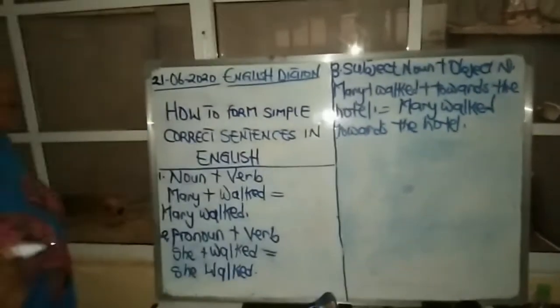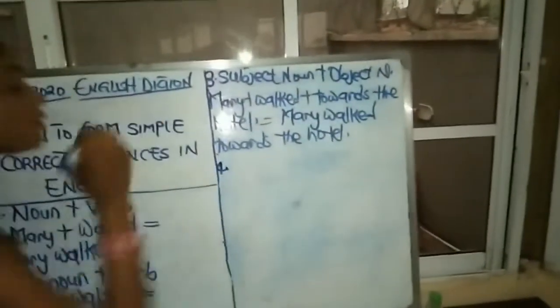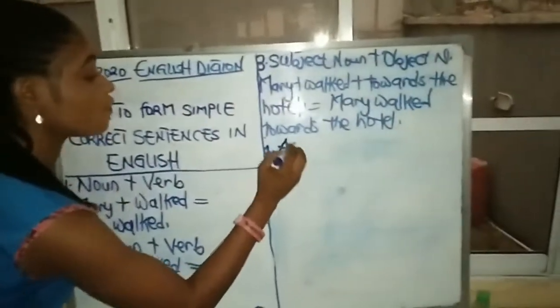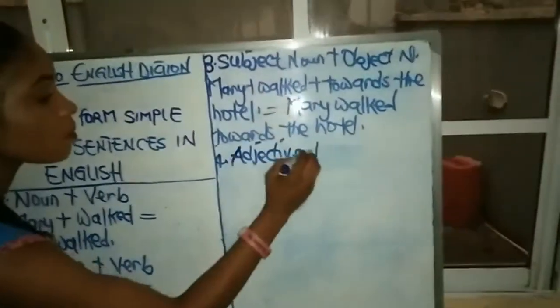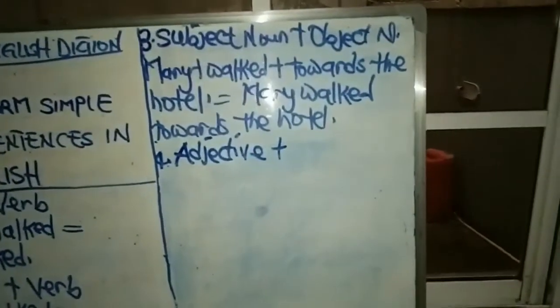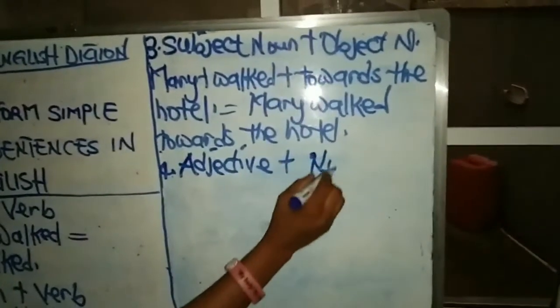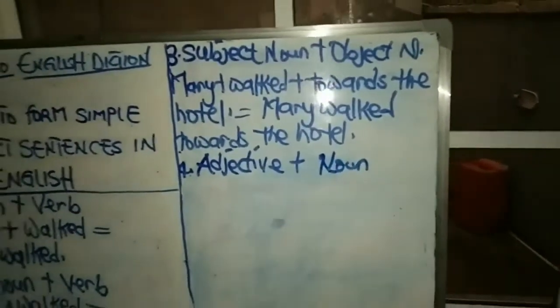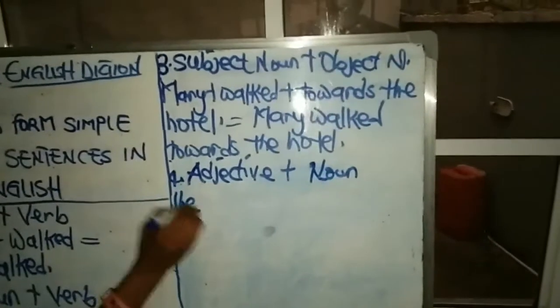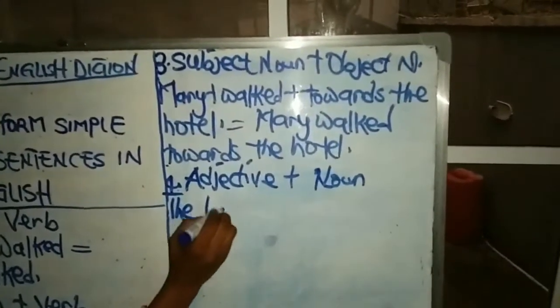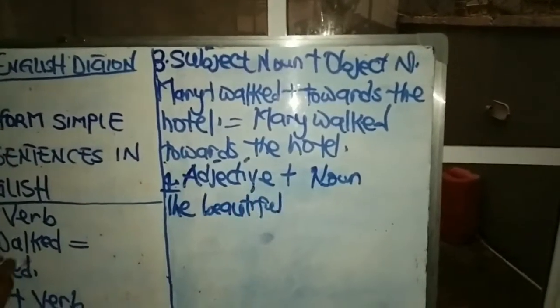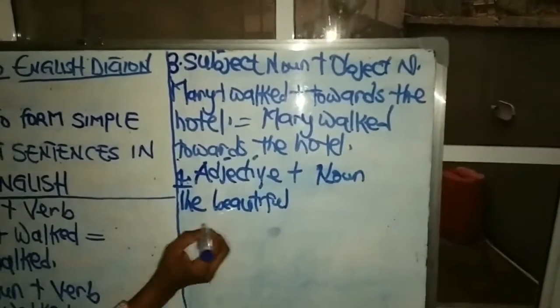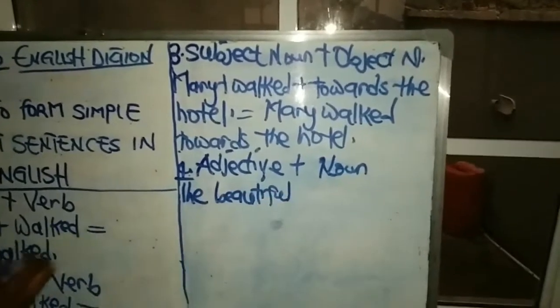The next thing we're going to learn, number 4, is how to form simple correct sentences using an adjective. So we're going to have an article plus an adjective plus a noun. Remember, an adjective is a word that describes a noun and usually comes before the noun in a sentence.